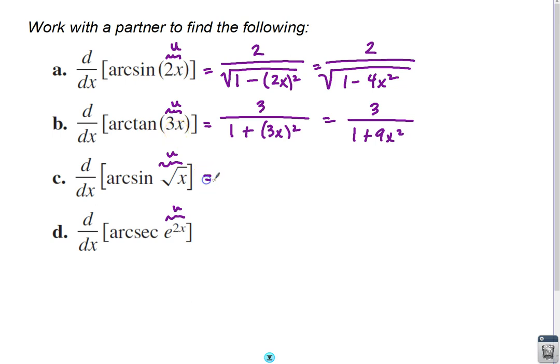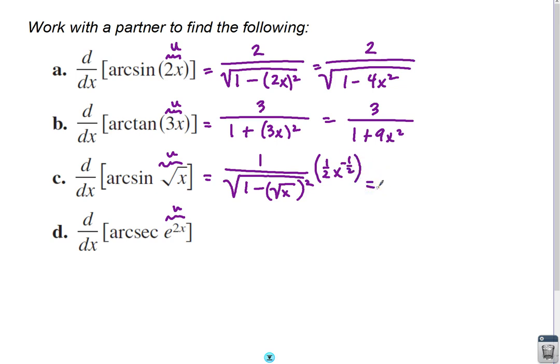Another way to write this, okay, the derivative of the outside, so derivative of arc sine is 1 over square root of 1 minus the inside squared, okay, whatever is inside of this, and then times the derivative of the inside. Well, the derivative of root x is 1/2 x to the negative 1/2, okay?